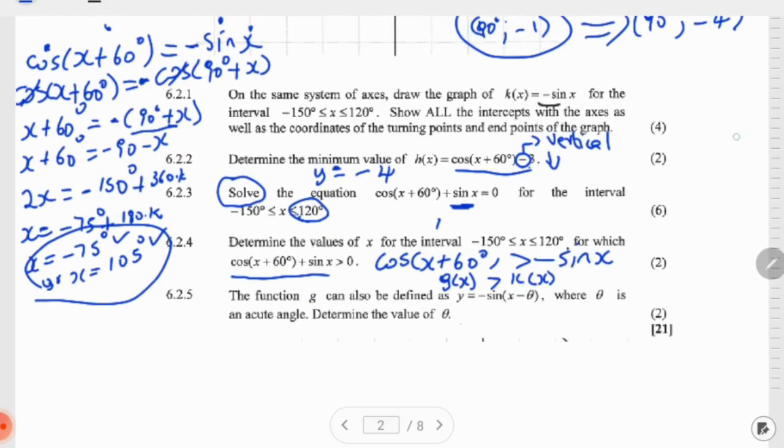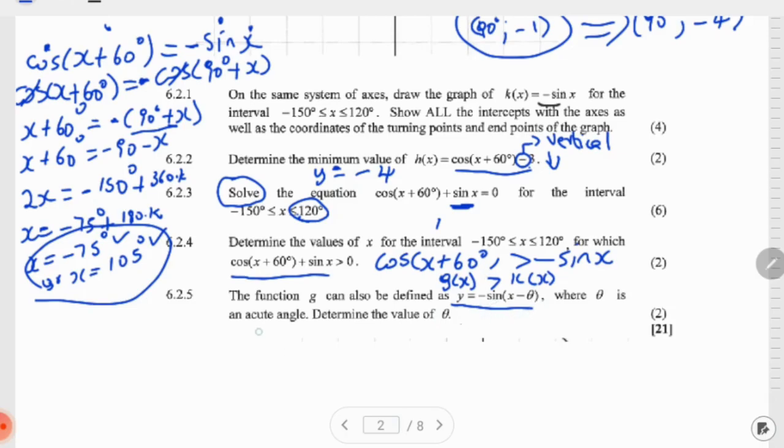Lastly, the function g can also be defined as y equals minus sine of x minus theta, where theta is an acute angle. We need to determine the value of theta. All right, so let's try to get that form of a graph.